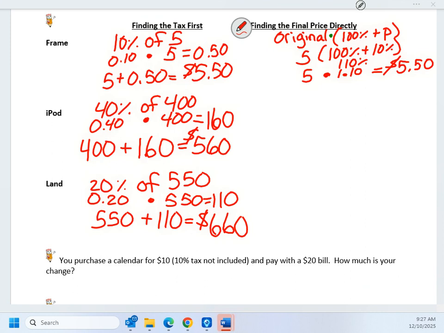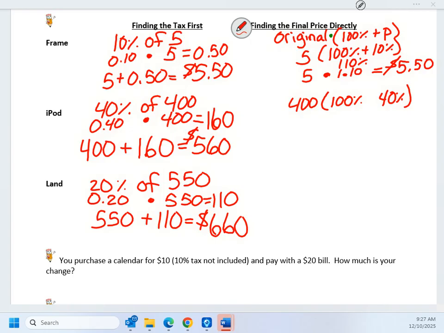Let's look at our iPod. What is the formula that I'm going to write out? Vinny? 400 times, parentheses, 100%, and 40%. I think we're missing something in there.